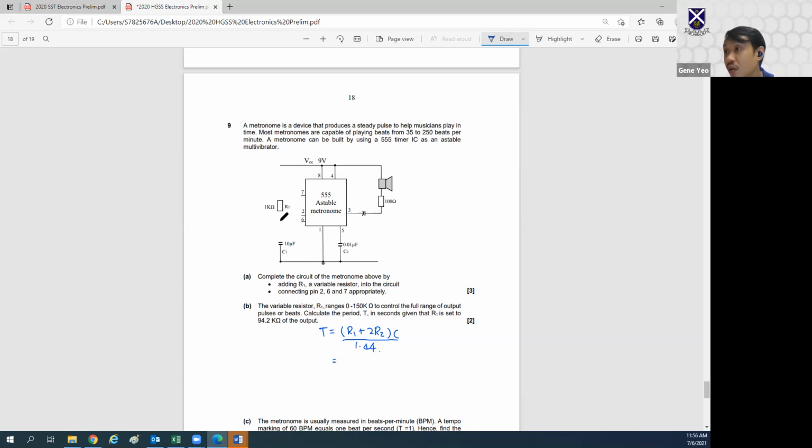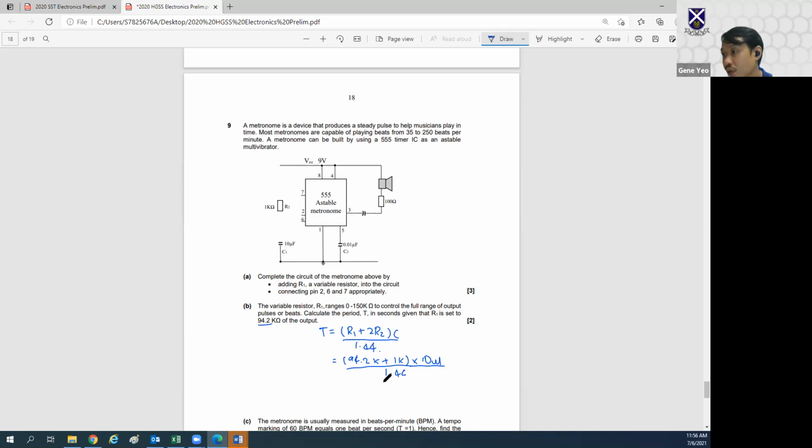So R1 is 94.2 K. R2, which is here, is 1 K. The capacitance is 10 micro here.